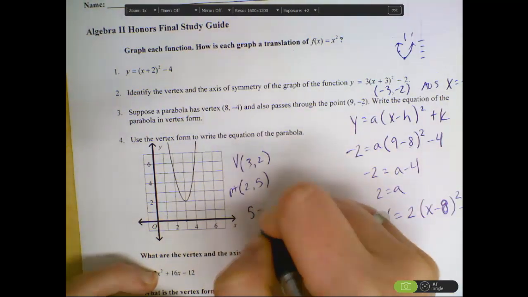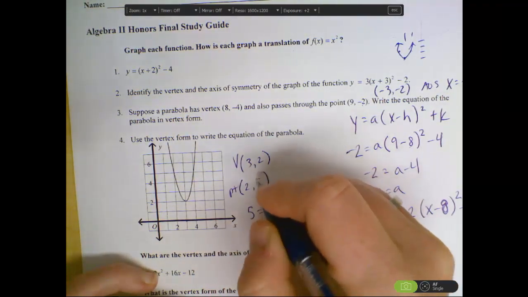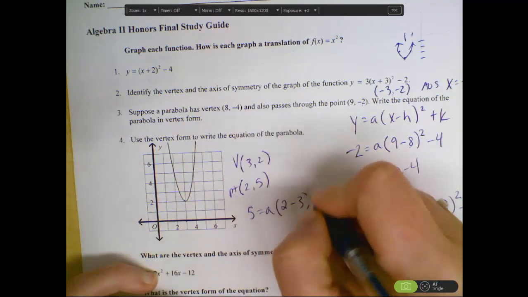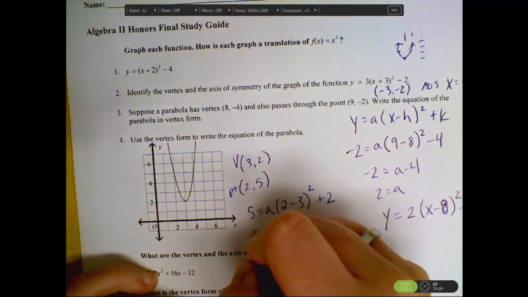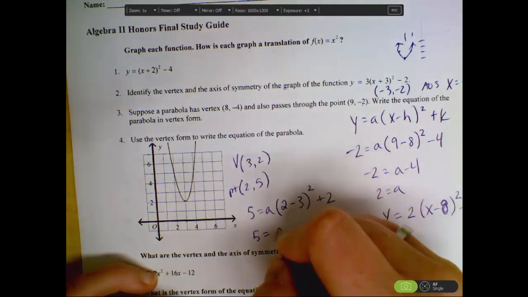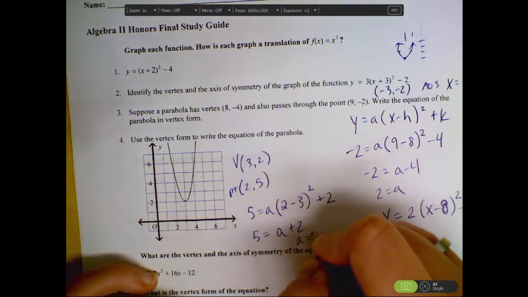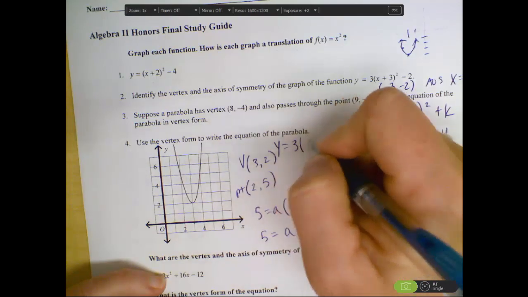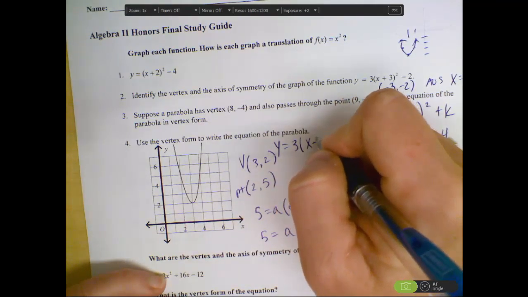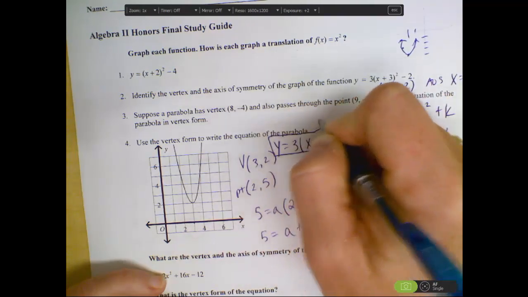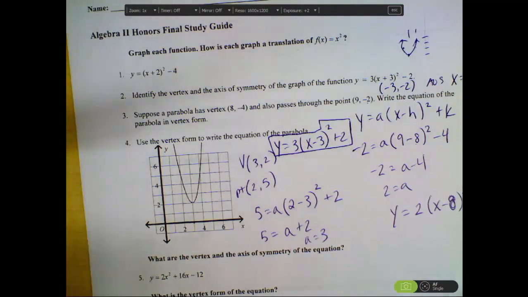So 5 equals a times (2 minus 3) squared plus 2. 5 equals, again, 1a. (-1) squared is 1. So a equals 3. The vertex form is y equals 3 times (x minus 3) squared plus 2. Gotta know vertex form.